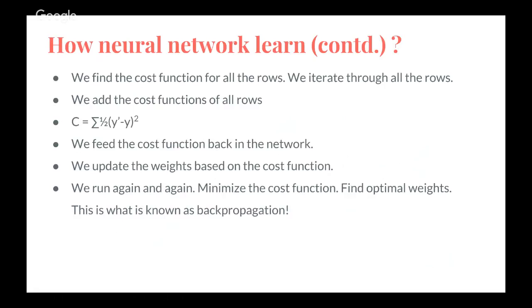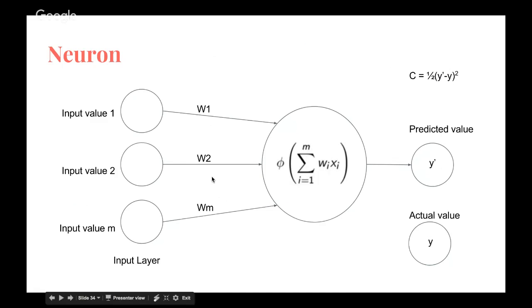Okay, I hope you are able to understand this. We try to find the values of these weights based on the error we are getting in our prediction, right? So if you give me the input, I process the input, and I give you an output. You tell me how far or how much the error is.